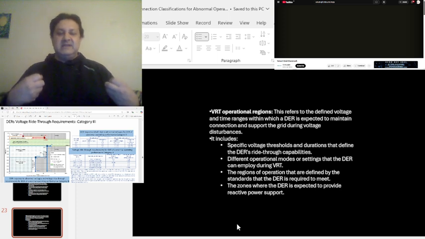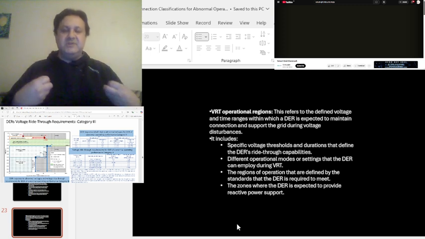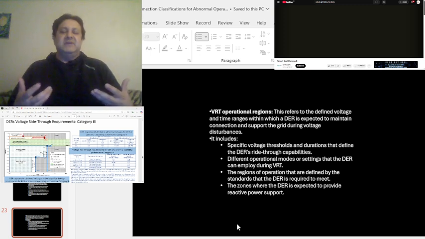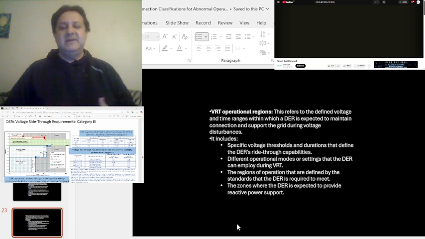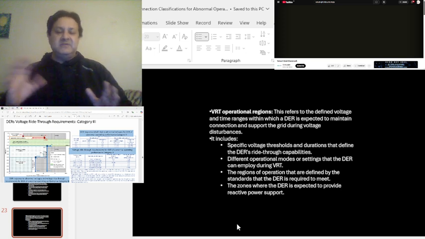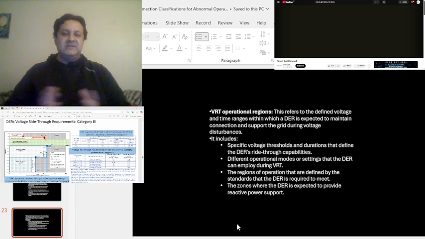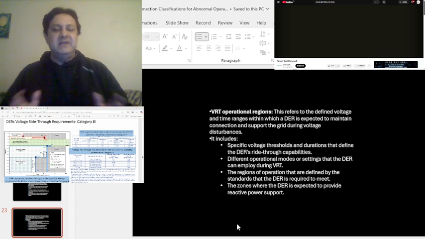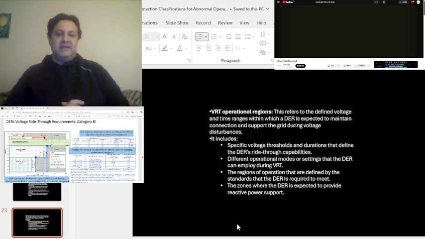If it is within them, it has to remain connected. Let's say for 3 seconds or 1 minute, or for certain voltage from V1 to V2. If it is beyond that limit or not within that duration, it is expected to maintain connection and support only within the limited time and voltage.